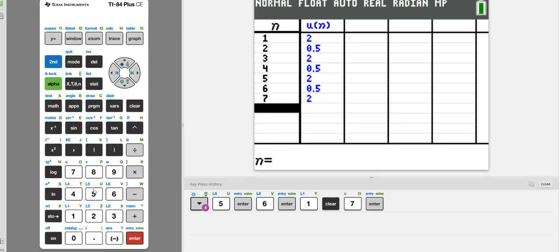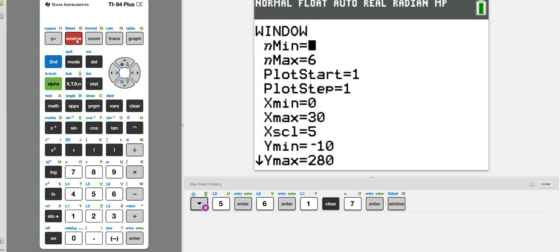You can get your calculator to graph these things just like we do, polar or parametric equations. So let's set up our window first. What values of n do you want to graph this for? Well, if I'm going to follow along with what I had in the handout, then I'll go from 1 to 10. Plot start at 1, plot step at 1. I won't pretend to exactly understand what those things are.